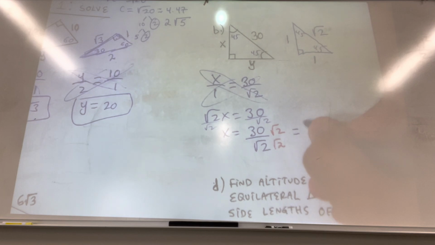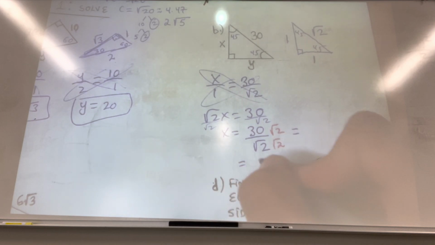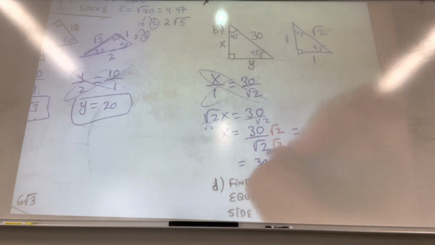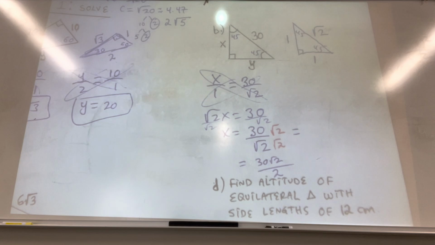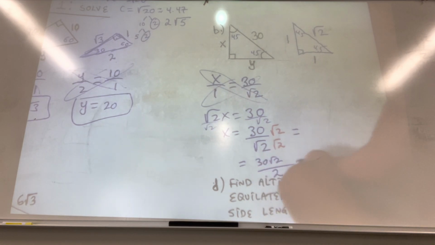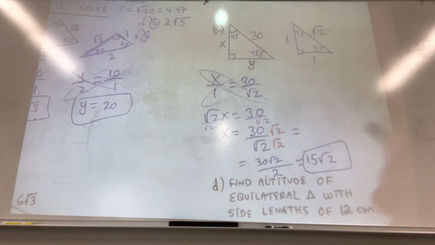That gives me 30 radical 2 at the top. And what about at the bottom? Just a 2. And this is one of those where, can I still simplify? Yeah, 30 divided by 2 is 15, so it'd be 15 radical 2.